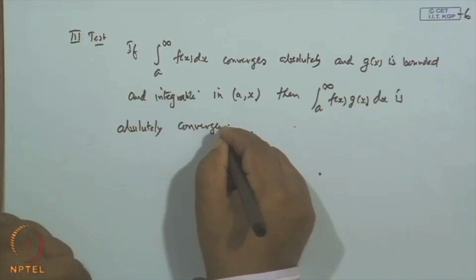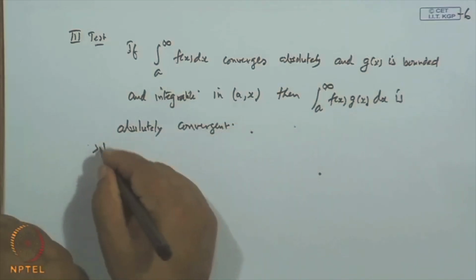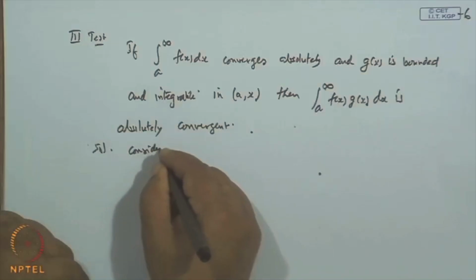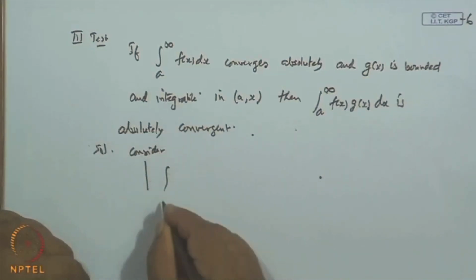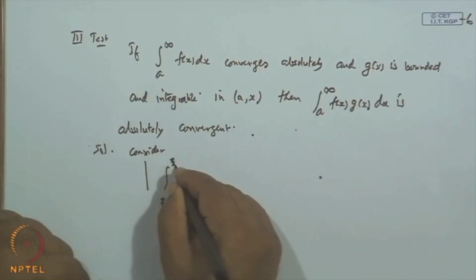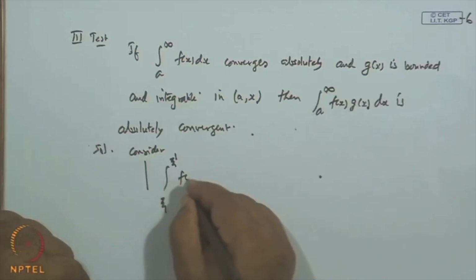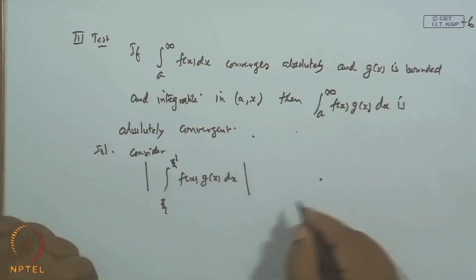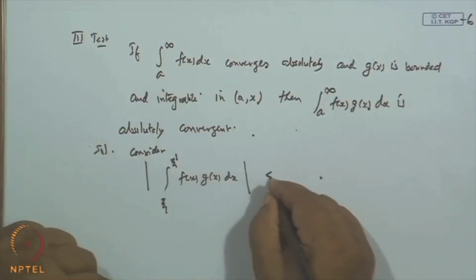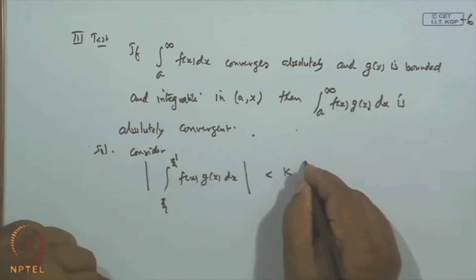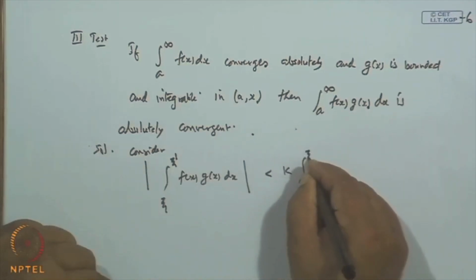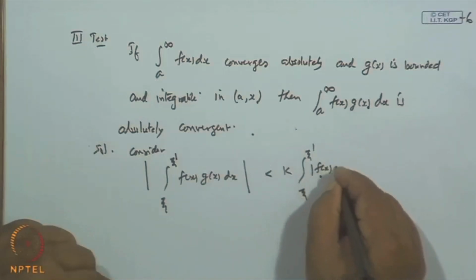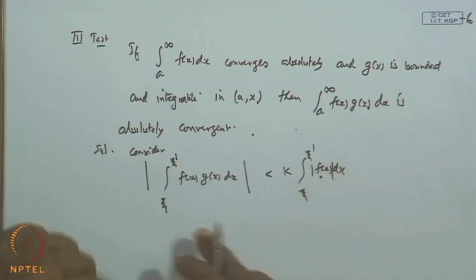Why? The reason is, consider the modulus of the integral from xi to xi dash of f(x) g(x) dx. Necessary and sufficient condition for the convergence of the integral. So, this is less than or equal to k times the integral from xi to xi dash of mod f(x) dx, because g is given to be bounded.